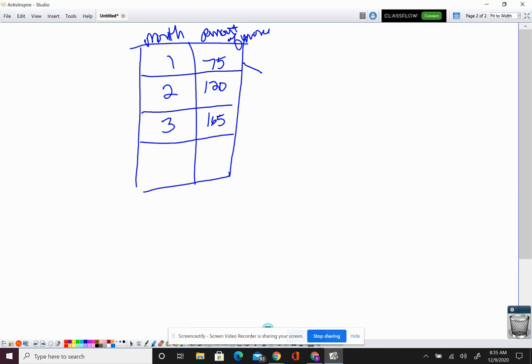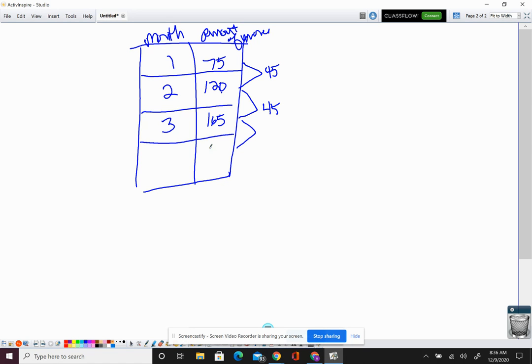So what's the difference between $120 and $75? $45. Is that the same from 165 to 120? Is there a $45 difference there? Yes. Okay. So we're going to be going up by $45. It says that she wants to continue saving at that same rate, and it wants to know how long it will take Latoya to save enough money to buy a saxophone that costs $300.